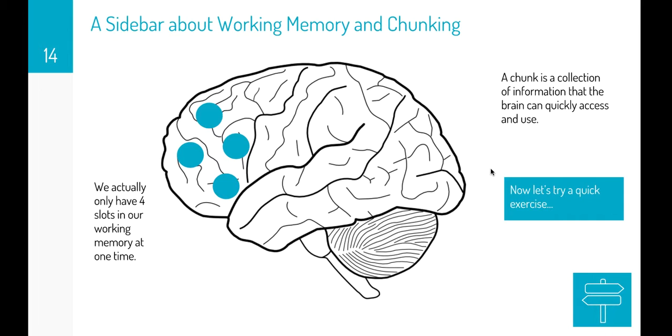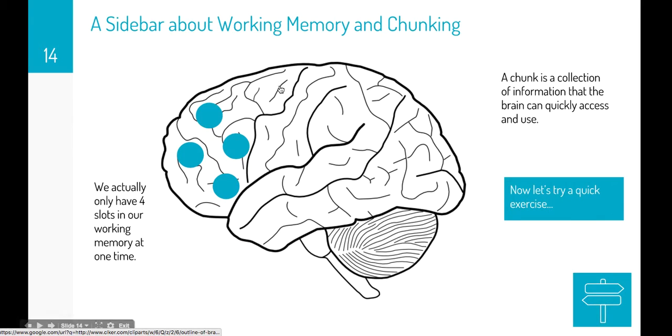So all these things, like the motor skill of writing a letter, that's a chunk that you established in early childhood. The ability to spell, that's a chunk that you established later on in your early education, hopefully. So all these little chunks start to become aggregated and become bigger and bigger.